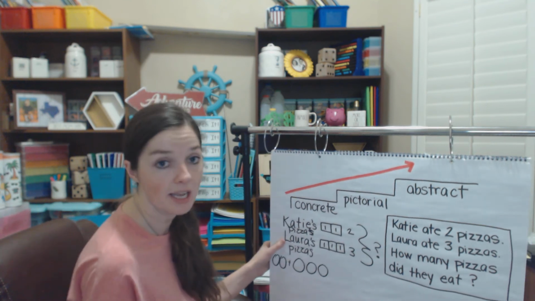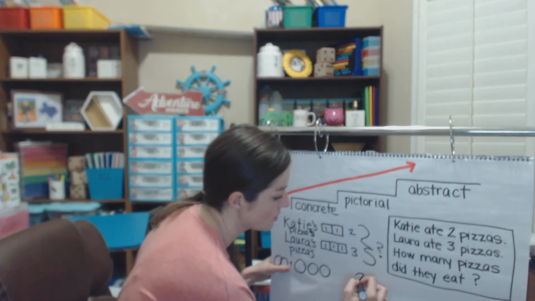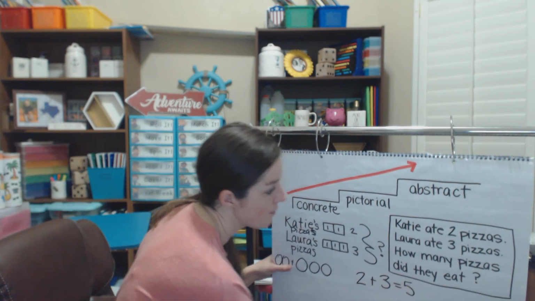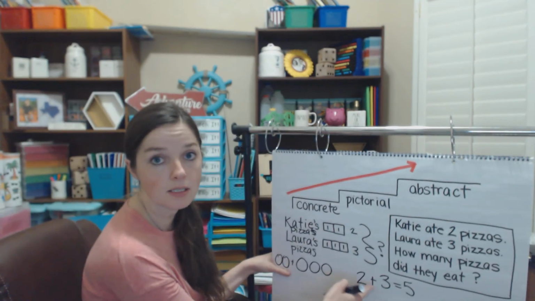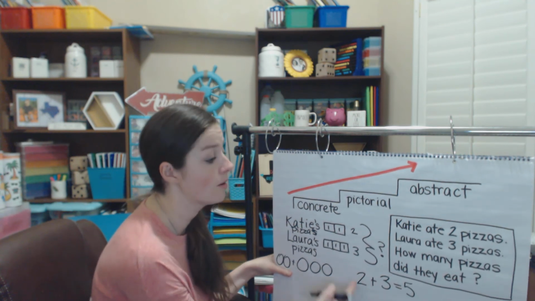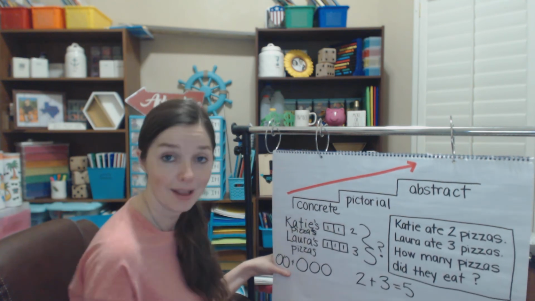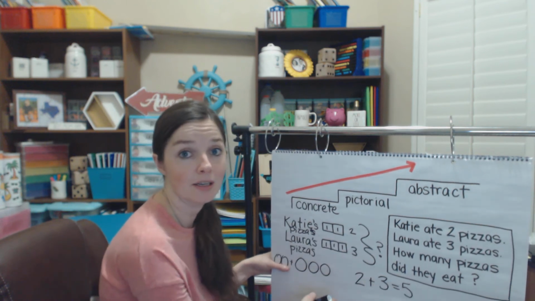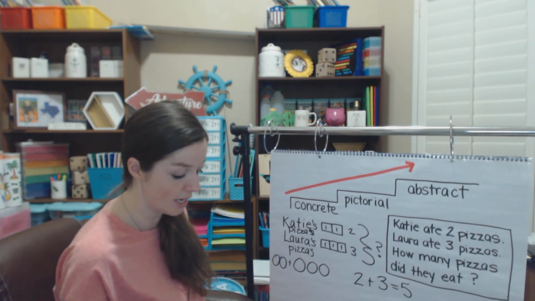So the abstract stage, quite simply, is just 2 plus 3 equals 5. Katie ate 2 pizzas, Laura ate 3 pizzas, and all together the girls have eaten 5 pizzas. And so that's just the symbolic representation.